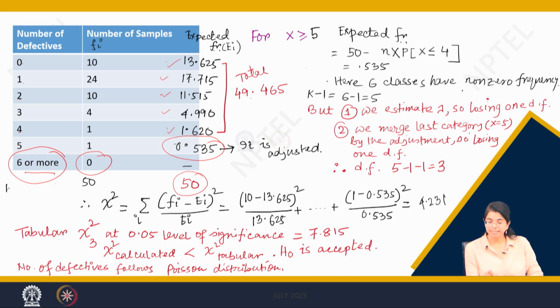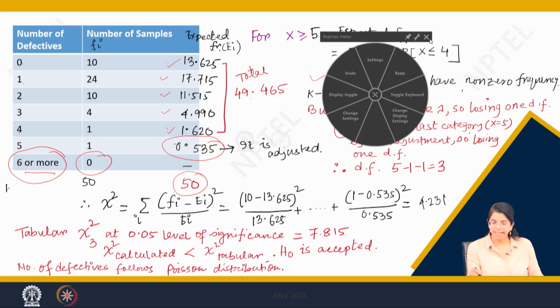So that's what is written here. Here 6 classes have non-zero frequency. Clear? So what will be the degrees of freedom? Be very cautious, because that will guide you towards the determination of degrees of freedom. So k minus 1, 6 minus 1, 5.